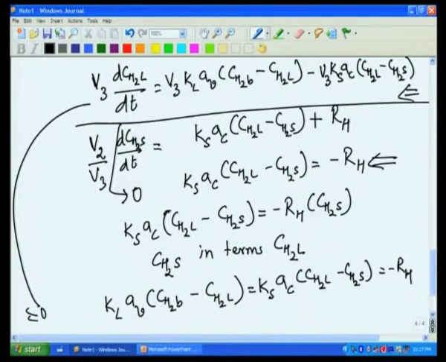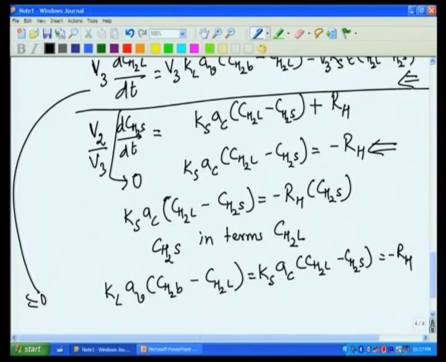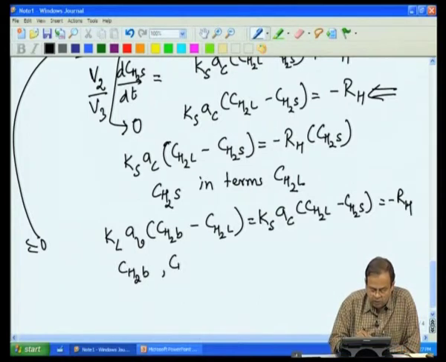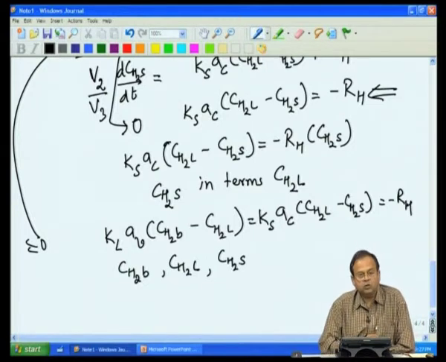right. So, we have two relationships now, and therefore, we can eliminate, for example, we have three concentrations of hydrogen. Bulk, this will be determined by the partial pressure of hydrogen. Then we have CH2L and we have CH2S, that is on the surface.